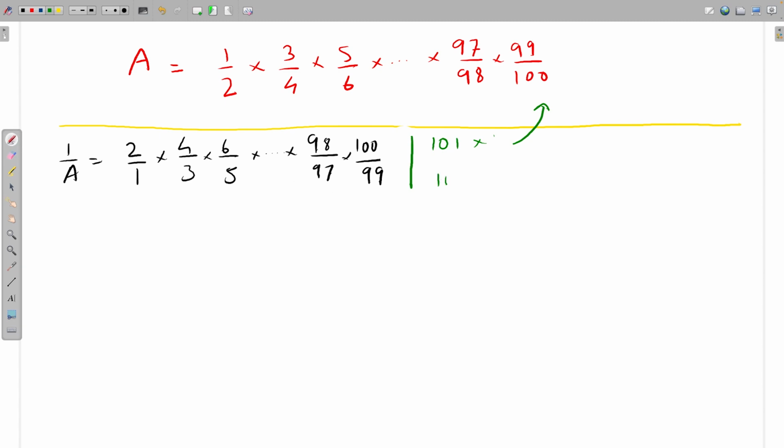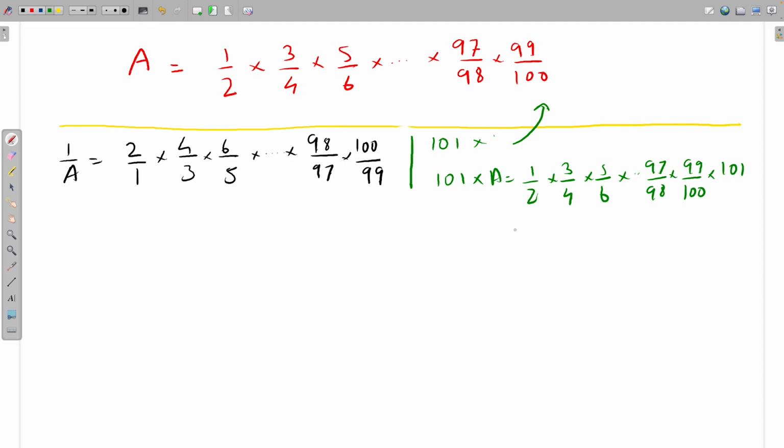So I have 101 times a equal to 1/2 into 3/4 into 5/6 all the way up until 97/98 into 99/100 into 101, just because I multiplied by 101.